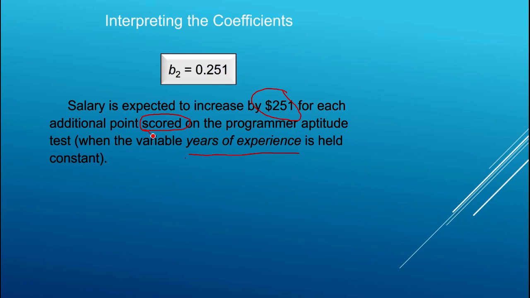But both test score and experience influence salary. Then in order to accurately estimate the impact of test score on salary in a regression model, you're going to have to include both of the variables. That's going to be true anytime there's any correlation at all between test score and experience. Okay, so as a general rule, we don't want to add variables to the model that we don't need.